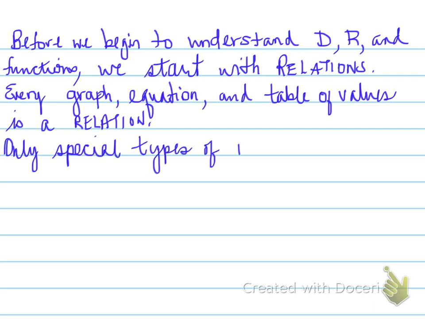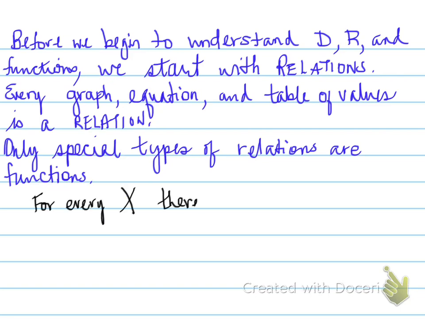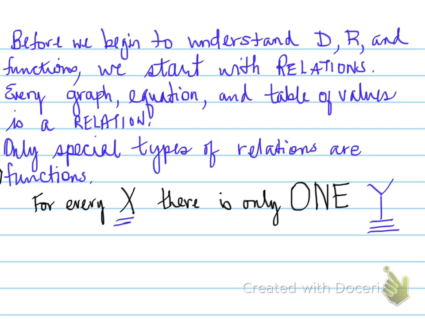Only special types of relations are functions, and those functions satisfy the definition mentioned on the previous page. Now, the definition is for every x, there is only one y. That is, every x can only have one y value regardless.